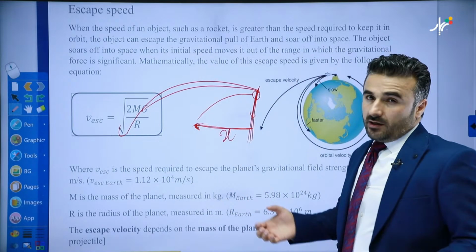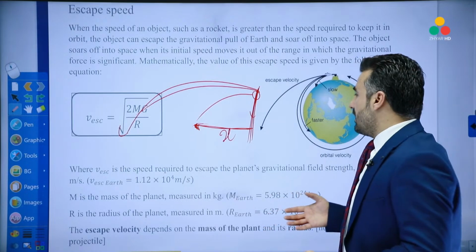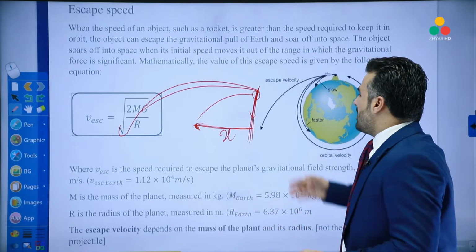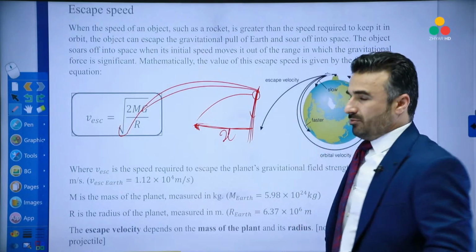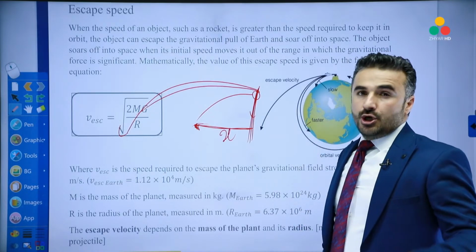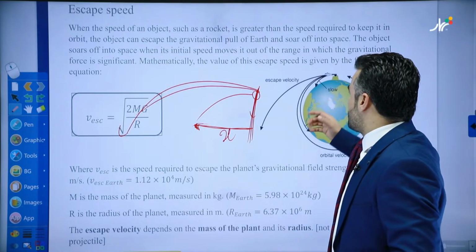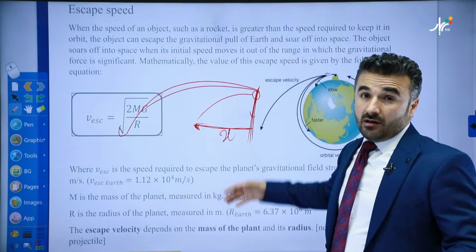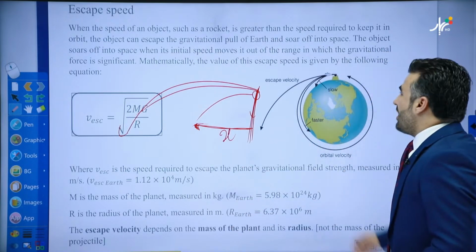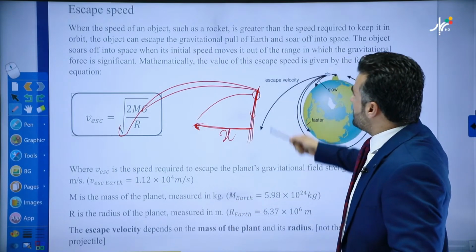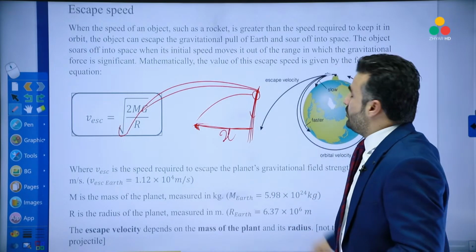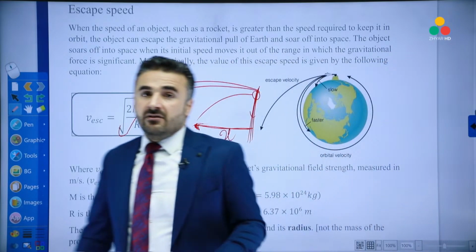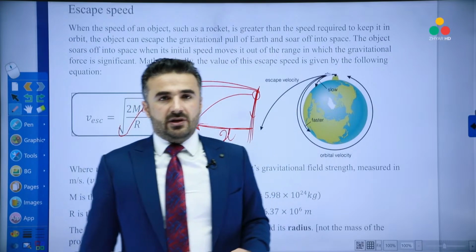Gravity tries to pull it down, but because it has a large speed, the object starts circling or orbiting around the planet without falling to the surface of the planet. But if the speed is greater than the orbital speed, then this cannonball or object would leave the gravitational field.